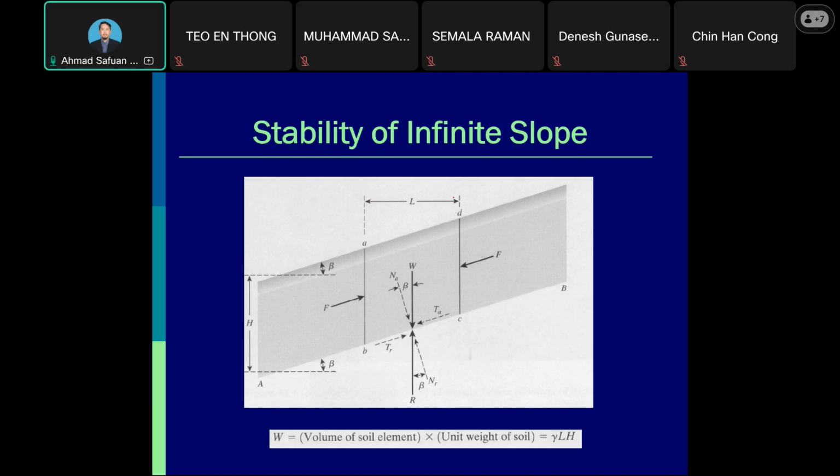Then we have W. To determine the weight of this block, we multiply the volume of the soil element with the unit weight of soil. The unit weight of soil is gamma, and the volume of the soil element is L times H.